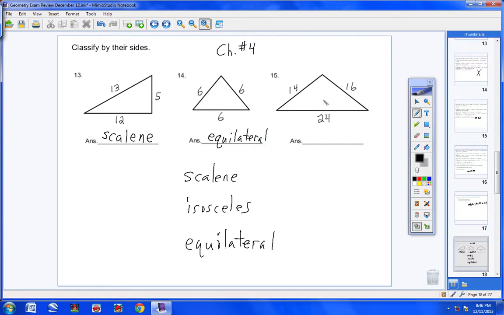Now when I get to 15, I notice that again all three sides are different, so I would call this a scalene triangle. Now by the way, if I would have said this 14 here is a 16 and then I would have had two sides congruent, then I would call this triangle based on its sides an isosceles triangle. Okay, so be able to classify triangles by their sides.